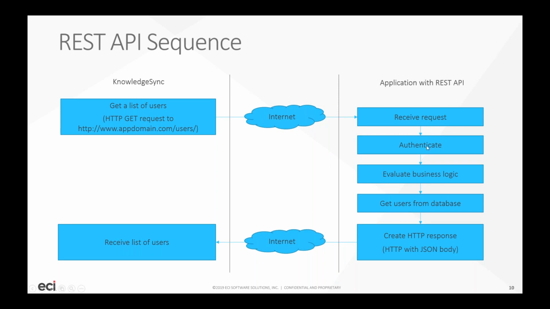And then what the application does on the other end is it will receive that request, and authenticate it to make sure it's allowed to provide the answer that was requested. We'll go through some sort of business logic, and business logic can be anything, like something very simple. Is the user that I just authenticated allowed to look at the data that the user just requested?